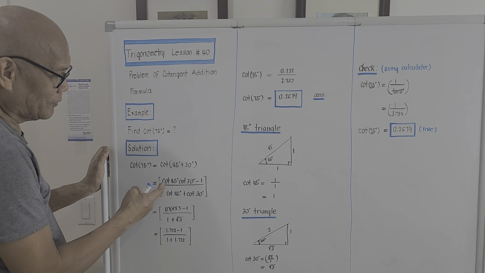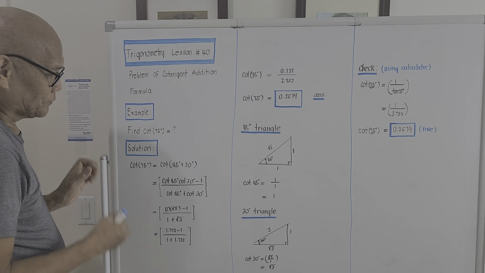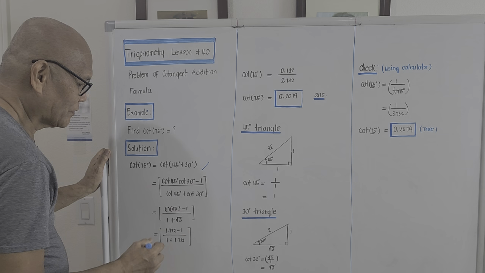Cotangent of 75 will be cotangent of the sum of 45 plus 30. This was the derived equation the last time around.